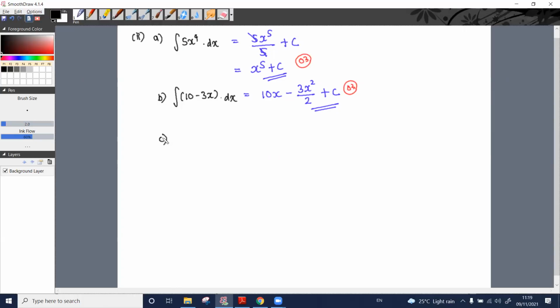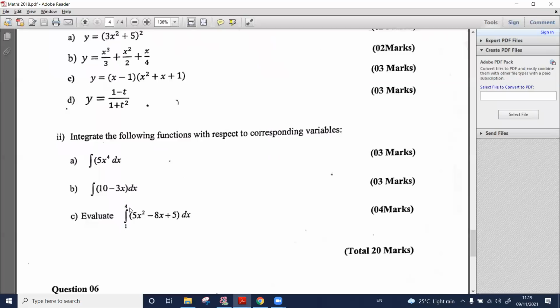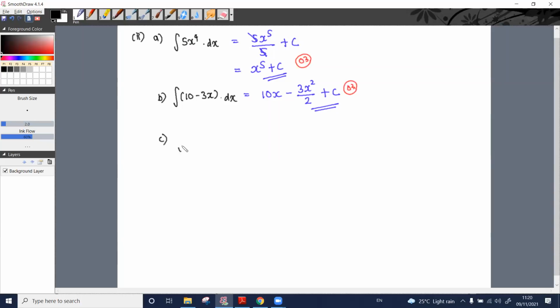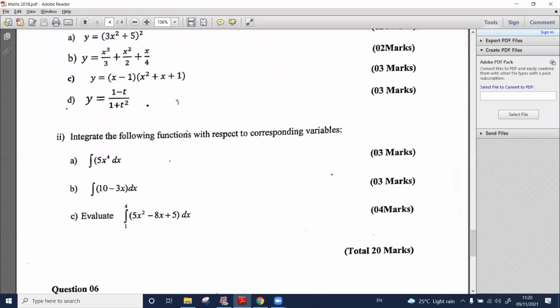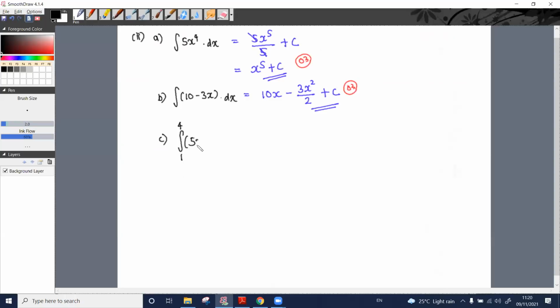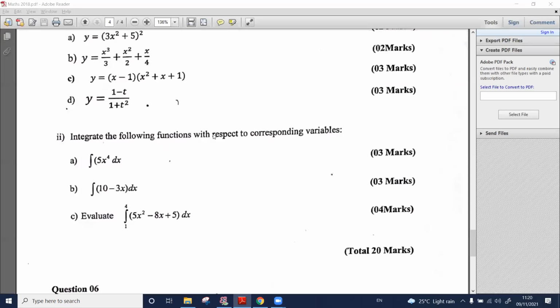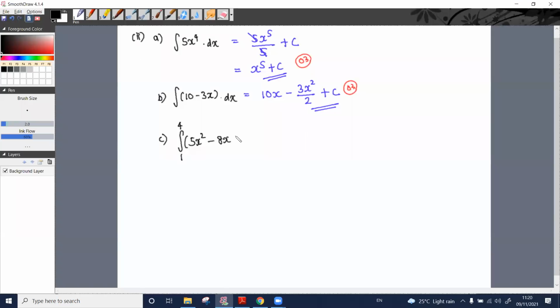Part C. Evaluate the finite integral. Upper value is 4, lower value is 1. The function is given as 5x squared minus 8x plus 5. We need to find the finite integration of this.